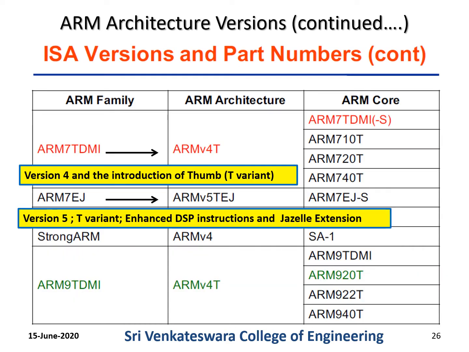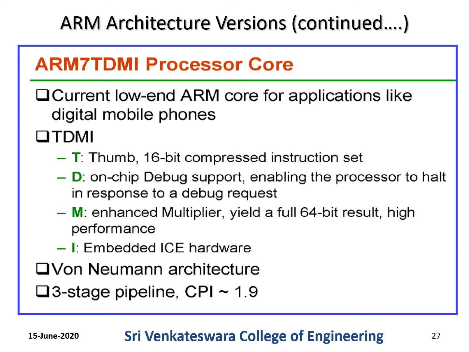Here again some of the ARM family and the explanation for its naming conventions are shown. Few more information about the naming conventions. T stands for thumb instruction support, that is 16-bit instructions can be executed by the ARM processor, and D stands for on-chip debug support.